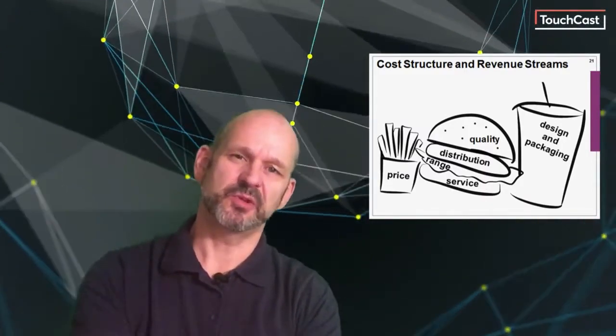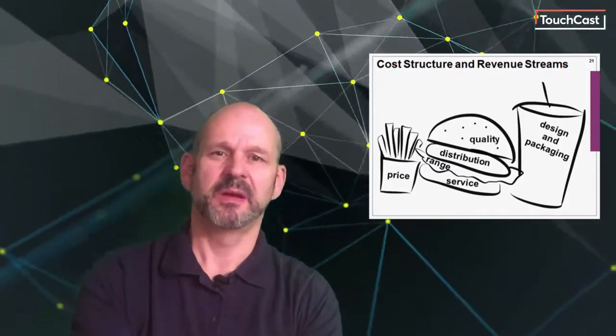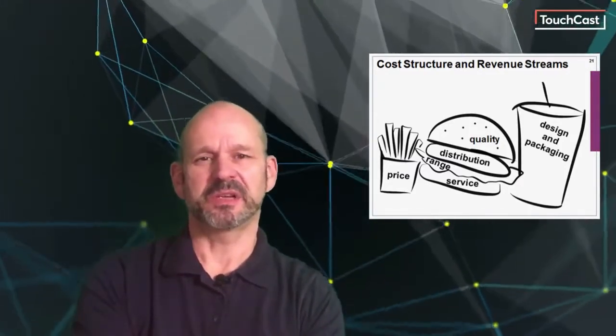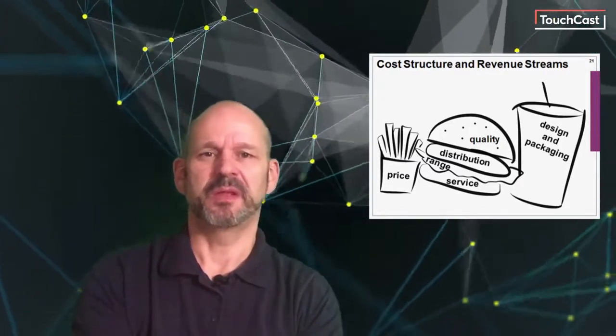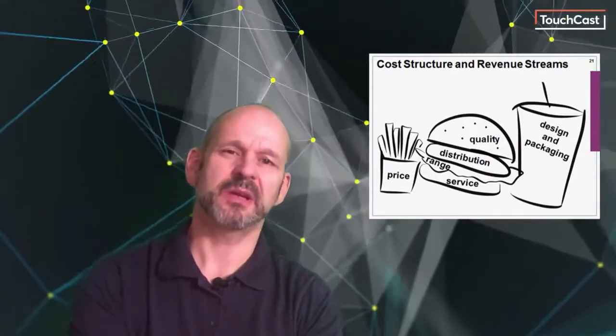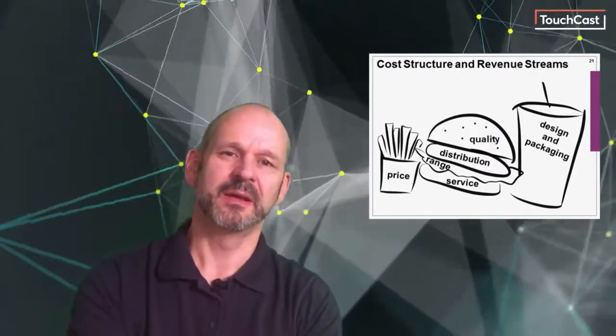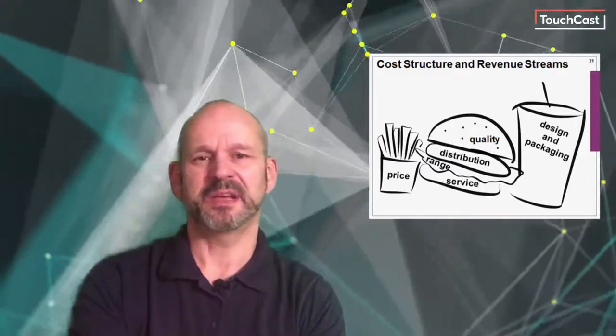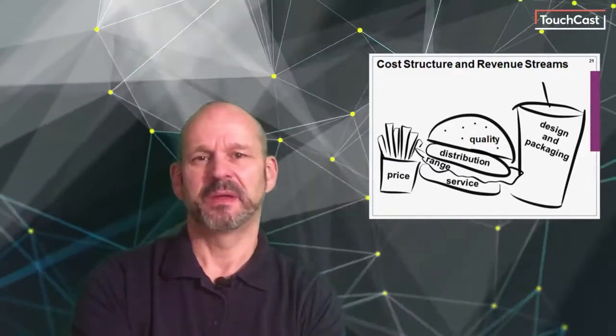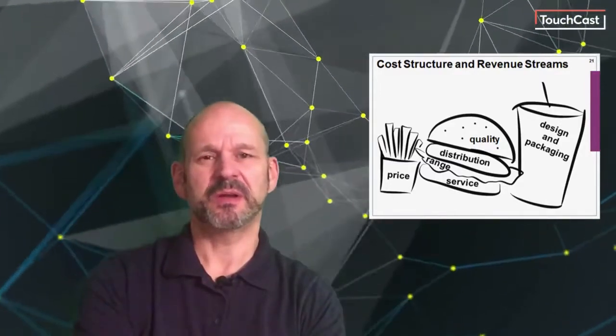Next, we have distribution, and here you need to explain how you will get your goods and services to your customers. Then we have design and packaging, and here you need to describe your branding, your logo, and any design ideas that you have. And if packaging is required, you should explain how you'll package your product.